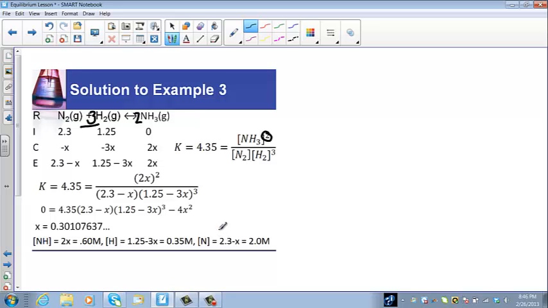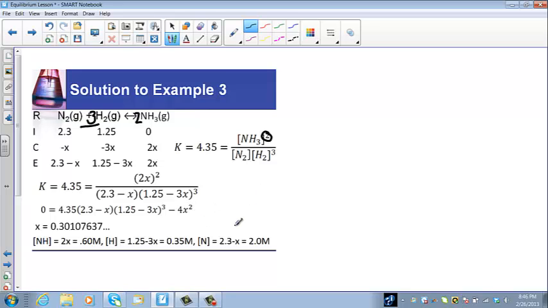When we set this equal to 0, we get 4.35 times 2.3 minus x times 1.25 minus 3x cubed minus 4x squared, because 2x squared is 4x squared.